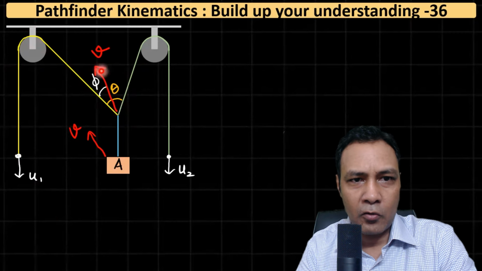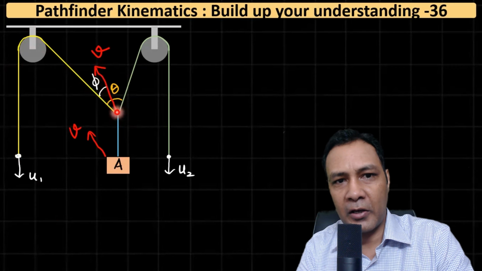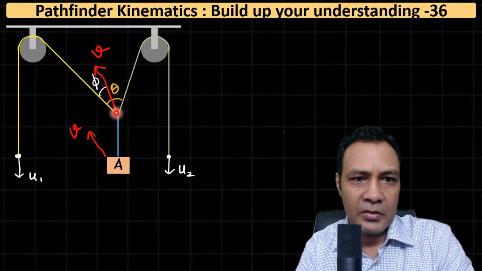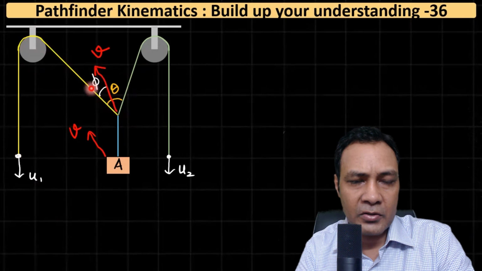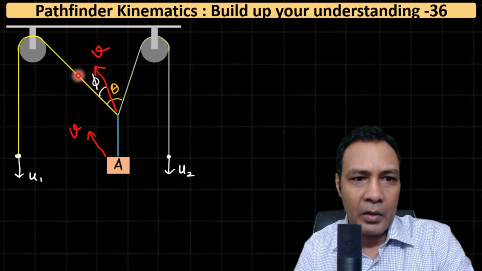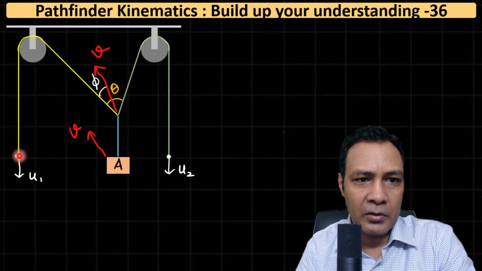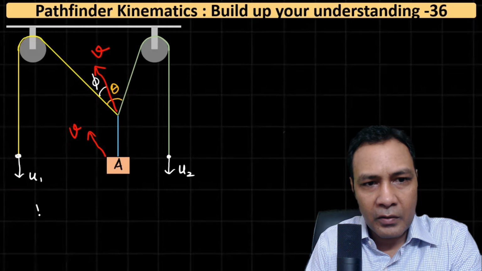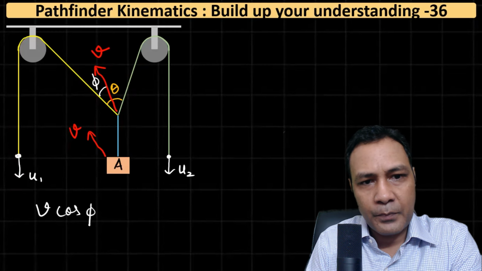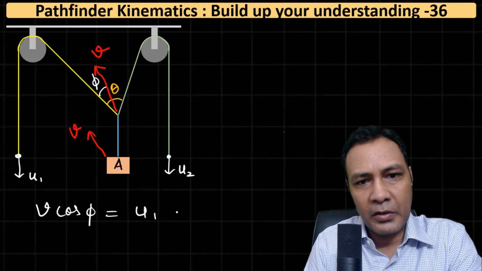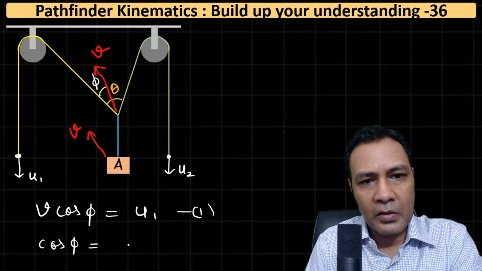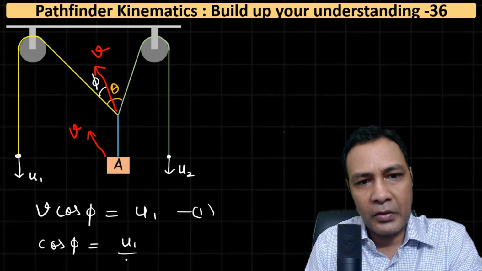So applying the result, components of the resultant velocity of any point along the length are same. This point has a velocity V, and I'm talking about this string, so the velocity of this point of this string along the length is v cos phi, and the velocity of this point of this string along the length is u1. So the first equation is v cos phi is equal to u1. That is my first equation. So cos phi is equal to u1 by v.